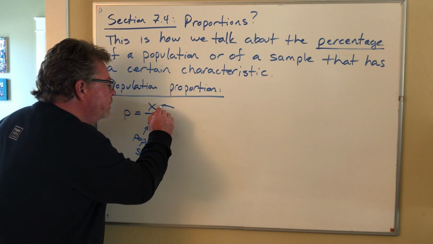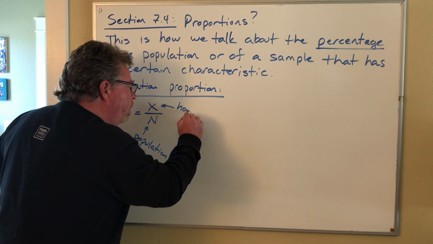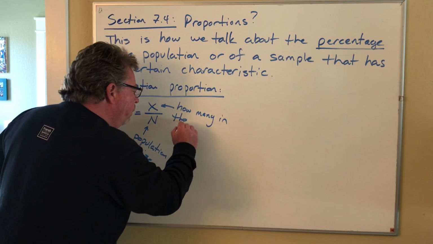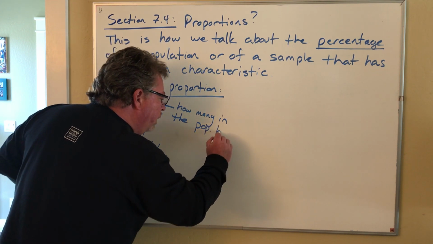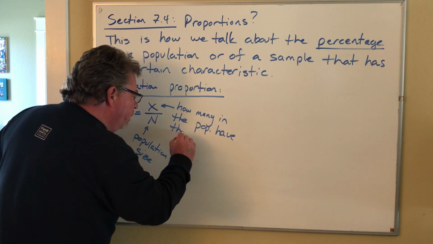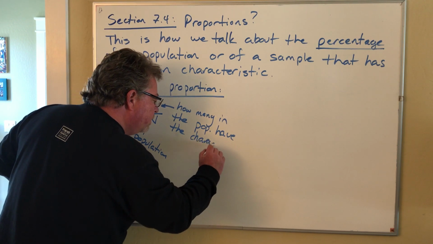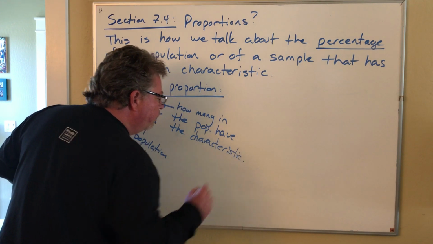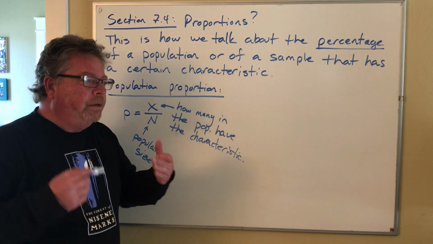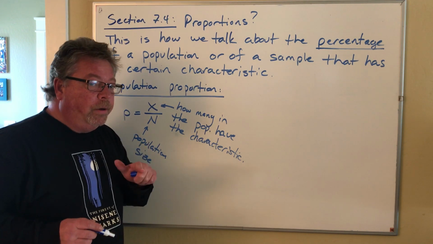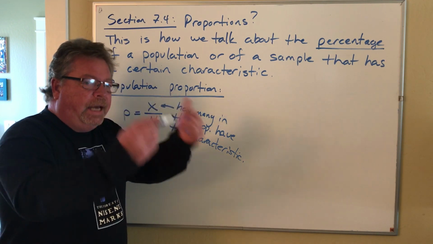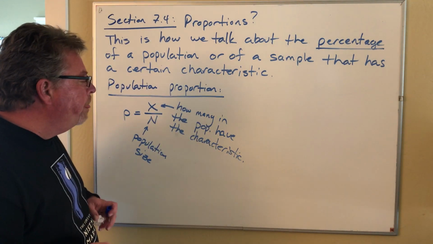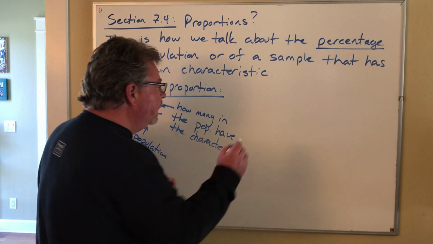And in this case, x is how many in the population have the characteristic that we're asking about. And it'll be really important to remember later on that x has to be a whole number. X is a count. It's the number of people or the number of things in the population that have the characteristic. More about that later.